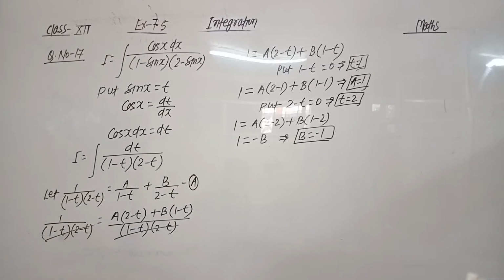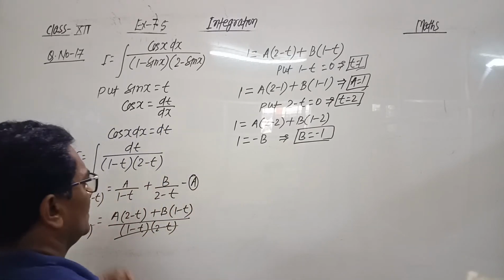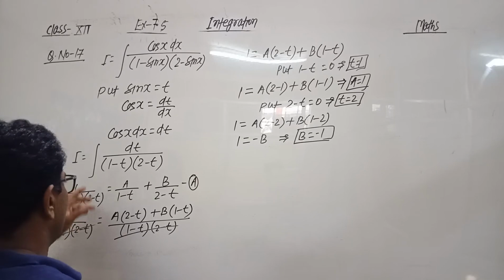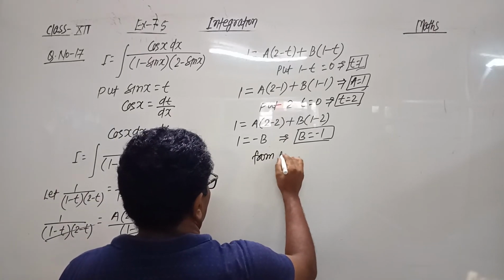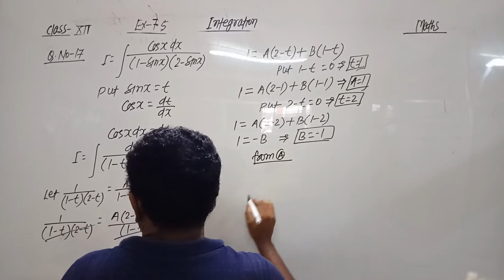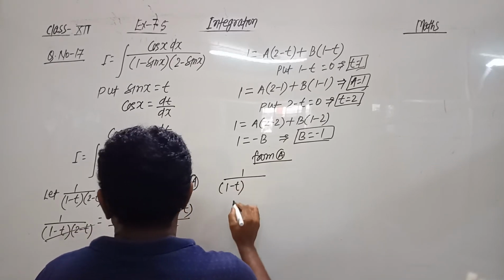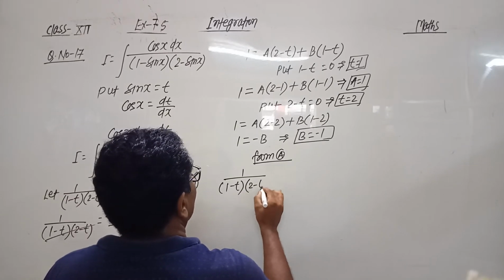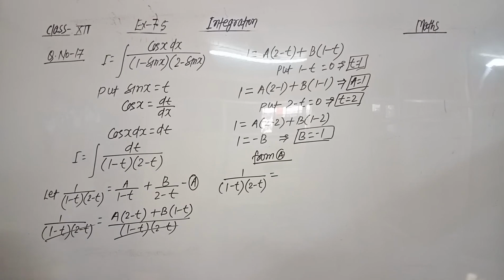So we have calculated the value of a and the value of b. Then we put the value of a and b in equation number a. So from a, 1 upon 1 minus t into 2 minus t equals a upon 1 minus t, and the value of a is 1.